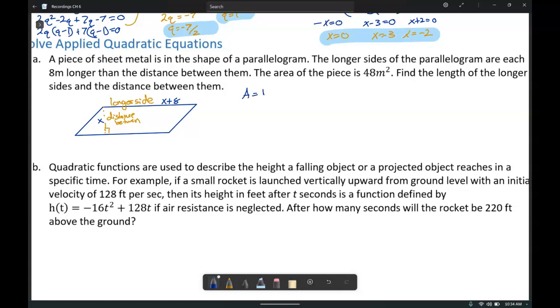Area of a parallelogram is base times the height. So we know the area is 48 meters squared. The base is x plus 8, and the height is x. We can go ahead and distribute. Write it in standard form. Factor. And then solve.